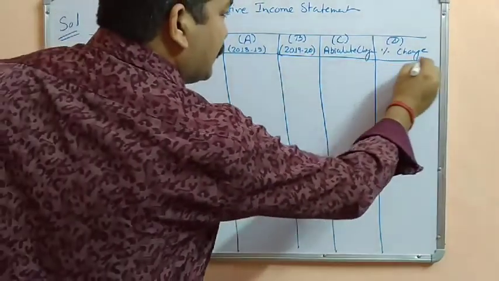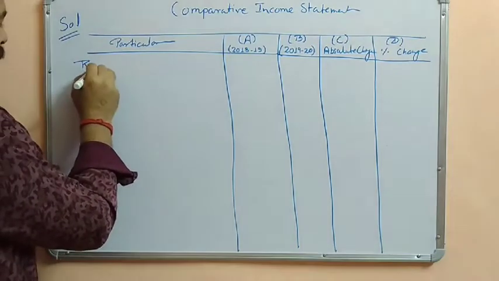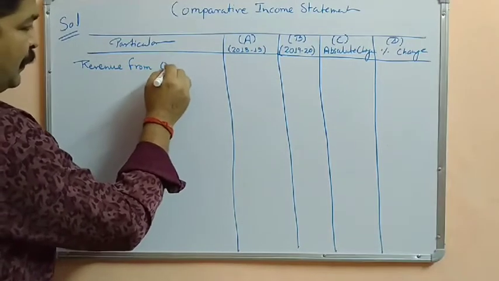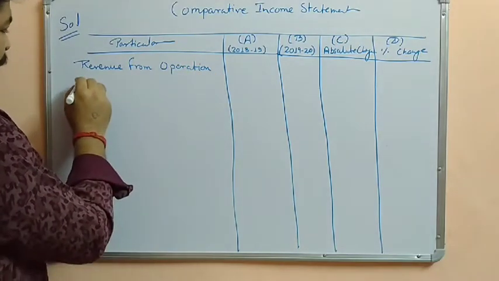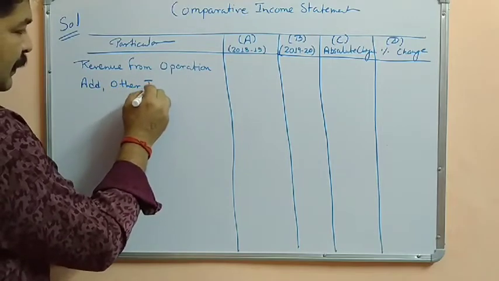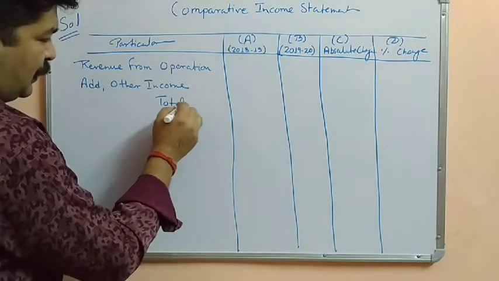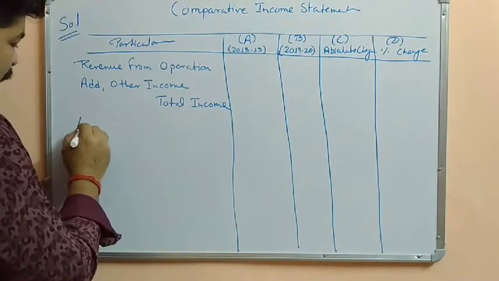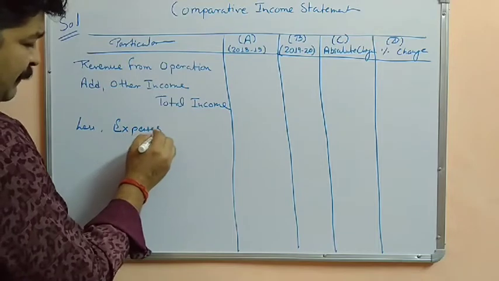What is the first item? The first item is revenue from operation. Then we have to add other income. We'll get total income, less expenses.